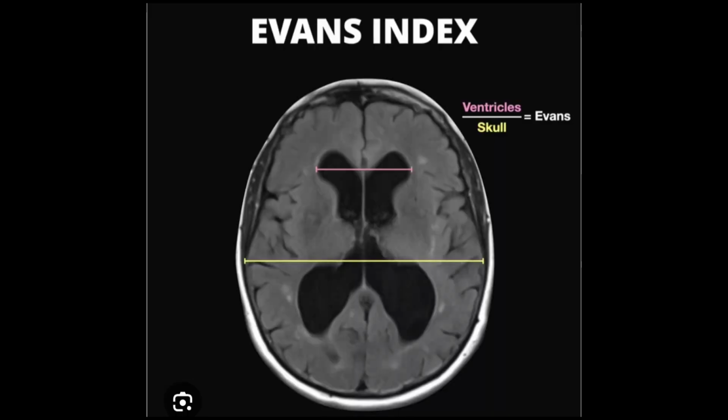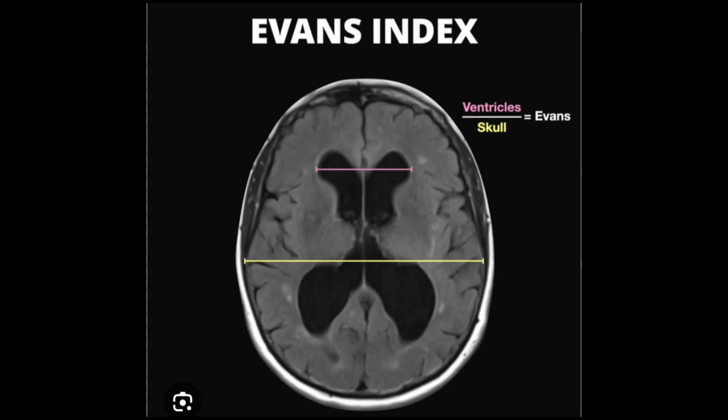With regard to ventriculomegaly, the Evans index is worth mentioning. It is the ratio of the maximum width of the frontal horns of the lateral ventricles to the maximum internal diameter of the skull at the same level, and this is usually measured on axial images.